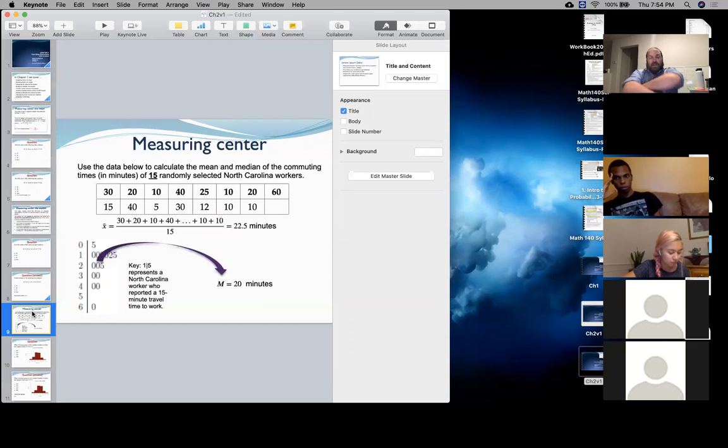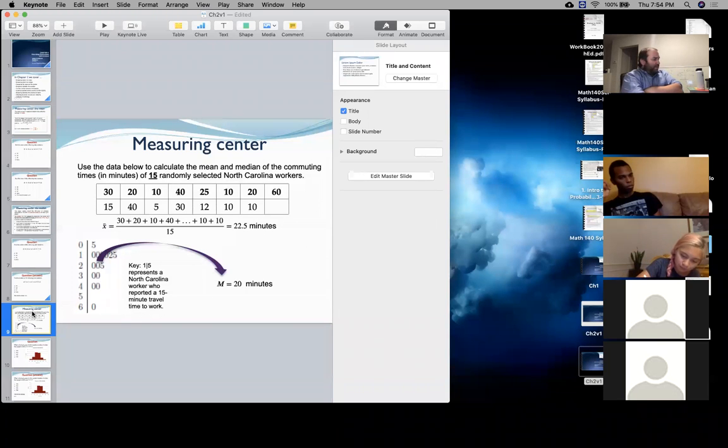Okay. So suppose you have the following. You have 15 randomly selected North Carolina workers who were asked to calculate their commuting time. How long does it take to commute to work? There's 15 of them. And suppose you were asked to find both the mean and the median.